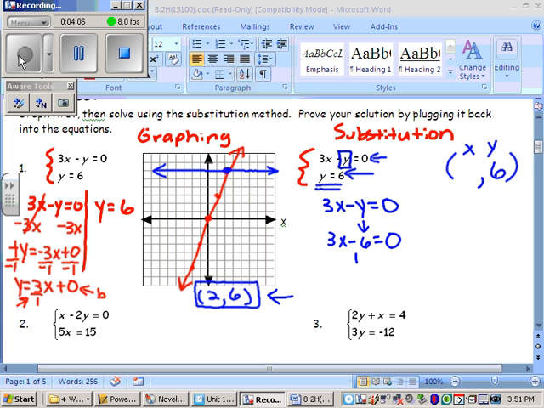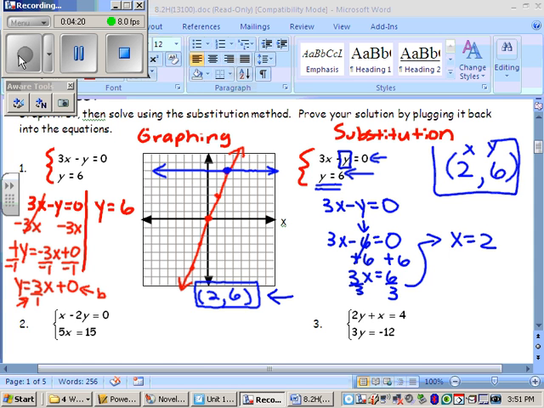So we will go ahead and solve for that variable. We're going to add 6 to both sides, and then divide by 3. So our x equals 2. So our solution is (2, 6), and if you go back again to the solution we got from graphing, it was also (2, 6). So we were able to get the solution without actually graphing the equations.